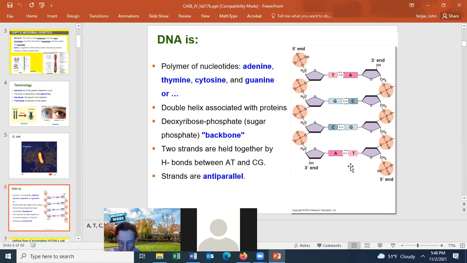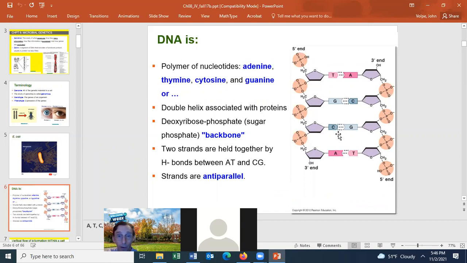You do not find histone protein in the domain bacteria. The DNA is a polymer of the nucleotides. You do need to know that DNA is a polymer of 4 nucleotides, but you can learn them as adenine, thymine, cytosine, and guanine, or as A, T, C, and G, which is shown here.